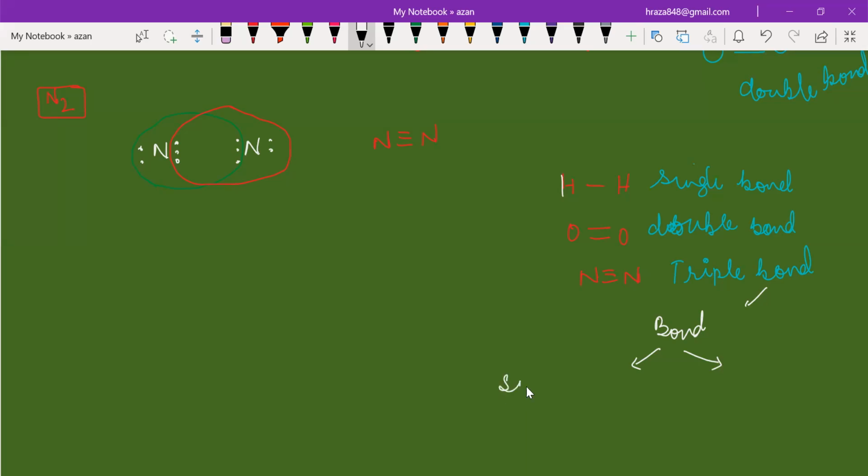So there are two types of bond, sigma bond and pi bond, denoted with sigma and pi. All the single bonds are sigma. In a double bond, one is sigma and another is pi. In a triple bond, one is sigma and the other two are pi bonds. Are you getting my point?